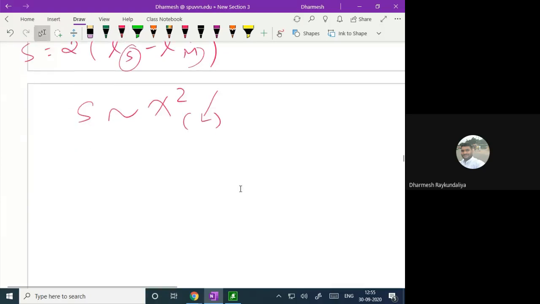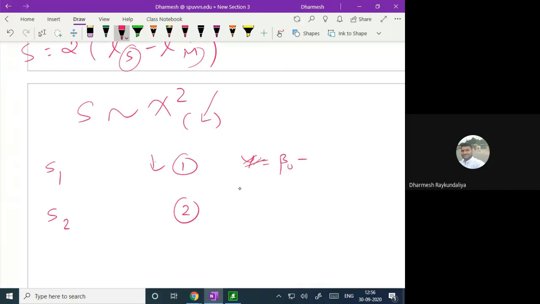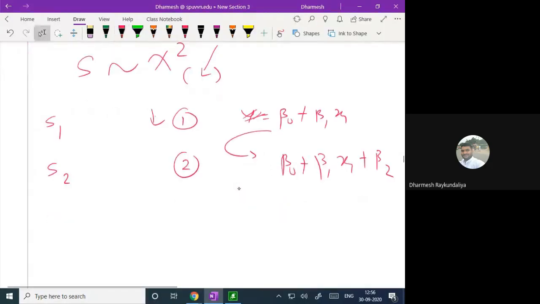So if I have two models, I will calculate the deviance of the first model and the deviance of the second model, and both the models are nested in nature. Let us say the linear predictor is beta 0 plus beta 1 x1 here, and here it is beta 0 plus beta 1 x1 plus beta 2 x2. That means the first model is a submodel of the second model. So of course the deviance of the first model is always larger than the deviance of the second model.